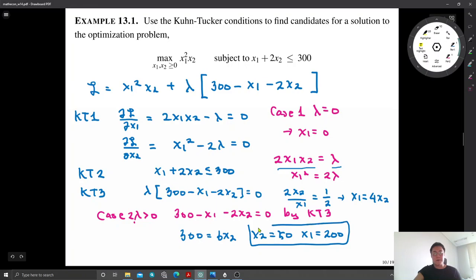So this pair satisfies all Kuhn-Tucker conditions with some positive lambda, and we don't need information about lambda because we are looking for the solution to this optimization. So what is the optimal x1 and what is the optimal x2? It turns out that the unique candidate is going to be (200, 50).